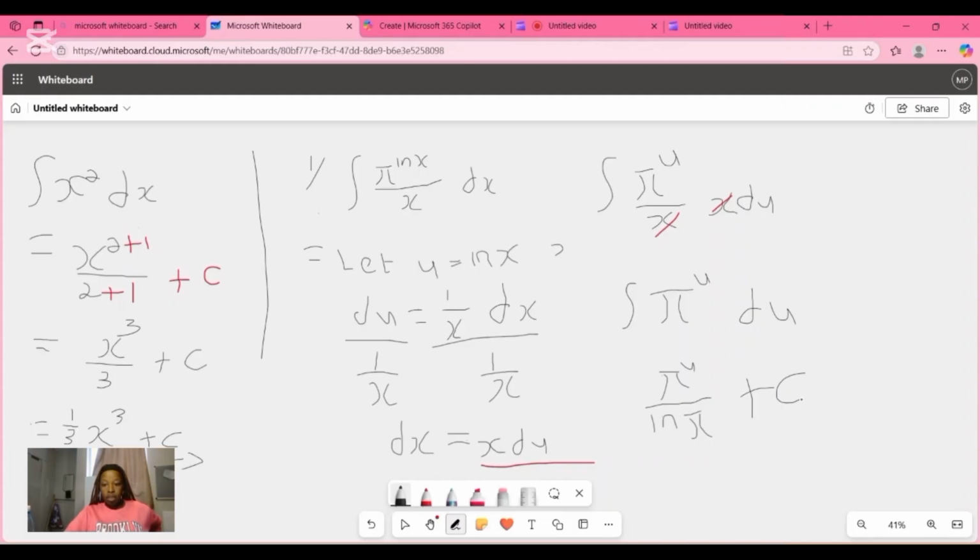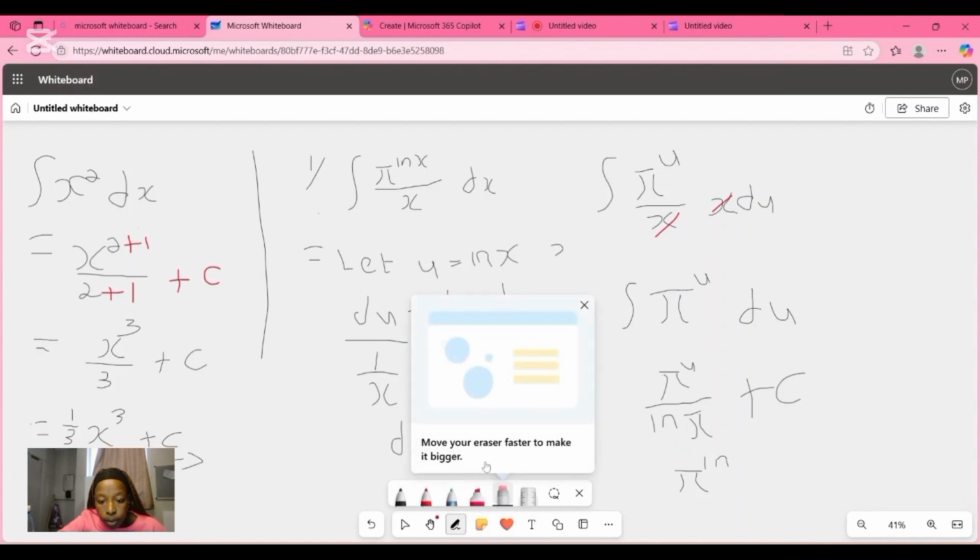This is not our final answer. Again, we said let u is equals to ln x. So we have to replace our u with ln x.